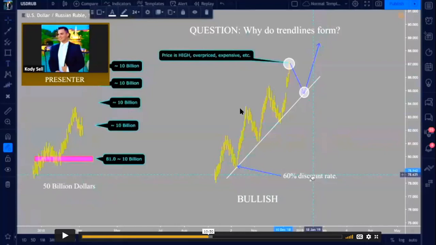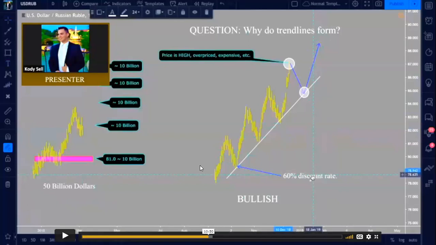It's at 84. So it's making higher highs. Every time price drives up, it's a higher high. In order for it to continue to go up, it's making a higher low. This right here would have been a low. This is a higher low than this one, this is a higher low than this one, and this is a higher low than the previous one.